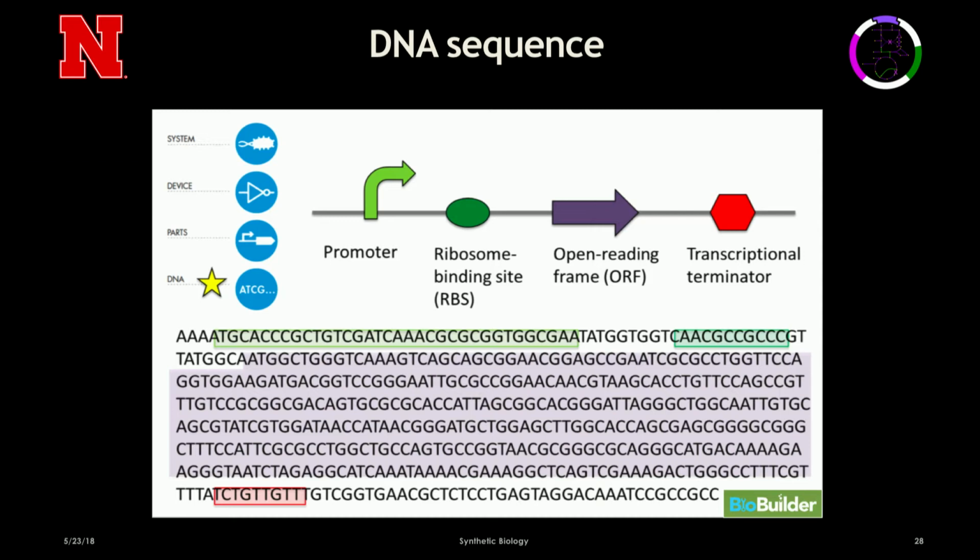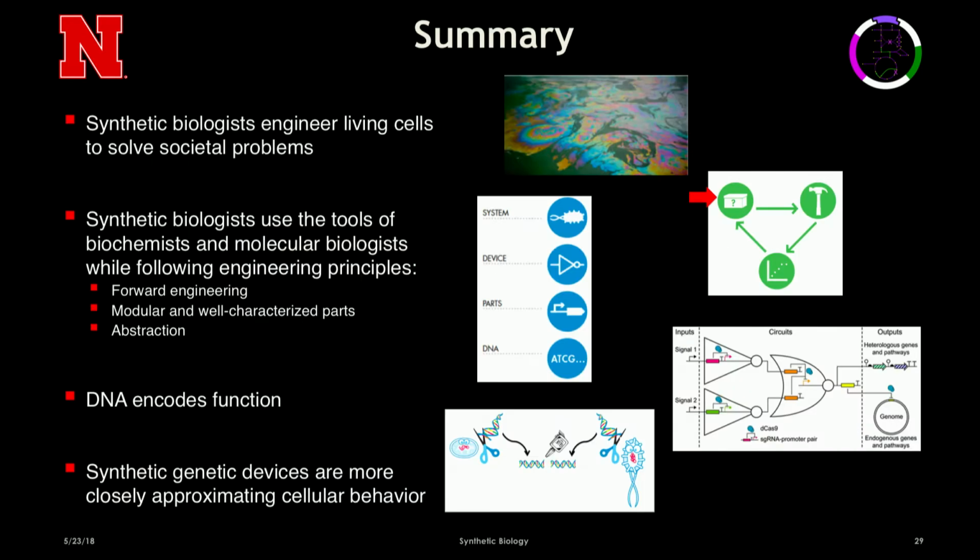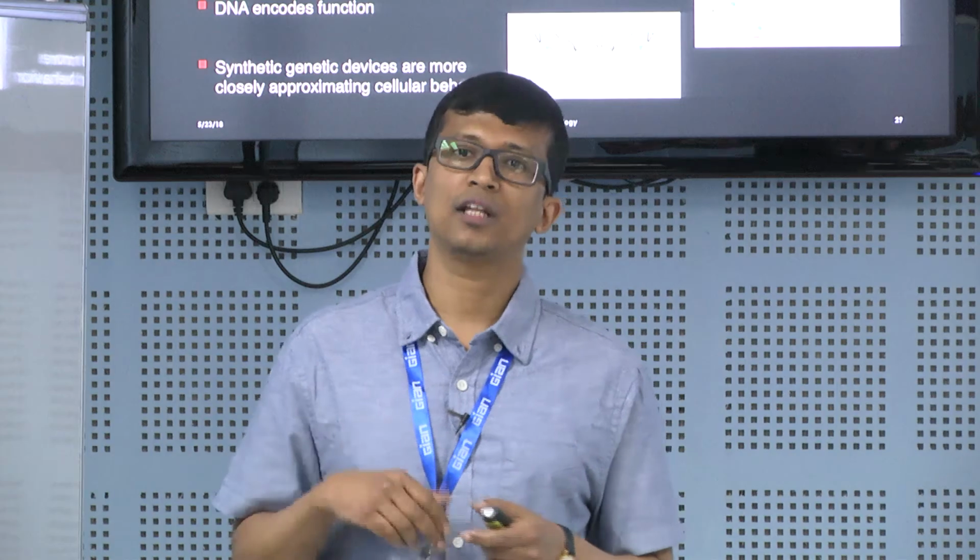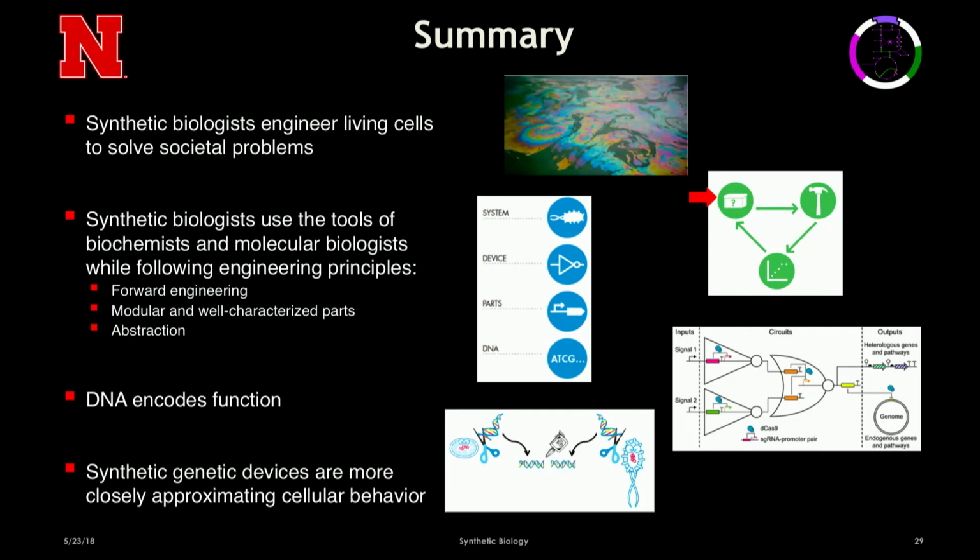We all know what a DNA sequence is. I am not going to spend time here. So, this is the last slide of this lecture. Just to quickly recap what we have discussed: we have discussed the uniqueness of synthetic biology, and how synthetic biology could be useful. I have given you some success stories. We also discussed the issues that we might face, and then we talked about forward engineering and why forward engineering could be useful to solve a practical problem.